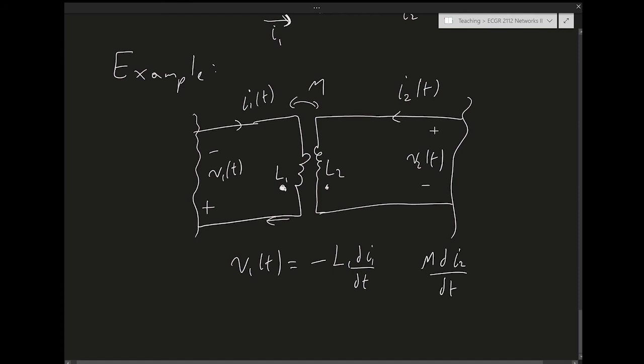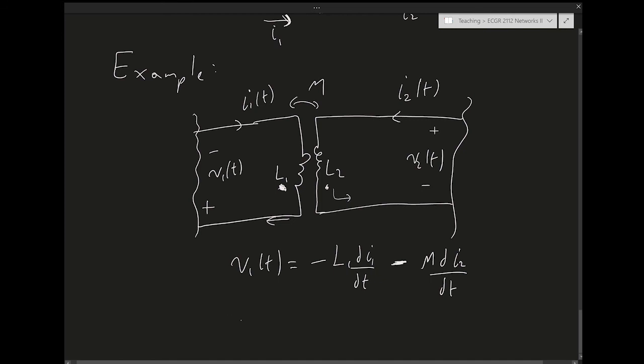I2 is going out of the dot. By examining its direction, it's going out of the dot, so that indicates that the sign could be negative. So I'll put a negative sign, but I have to investigate the polarity of V1. The polarity of V1 matches the dot on the primary side, so this stays negative.